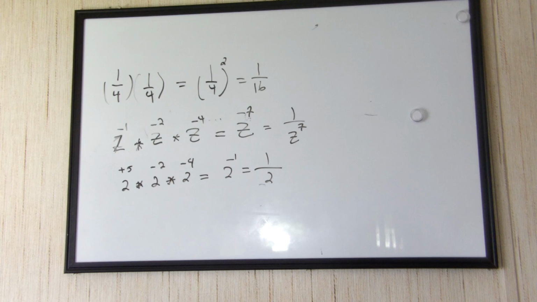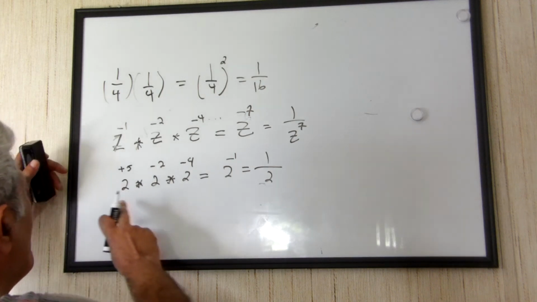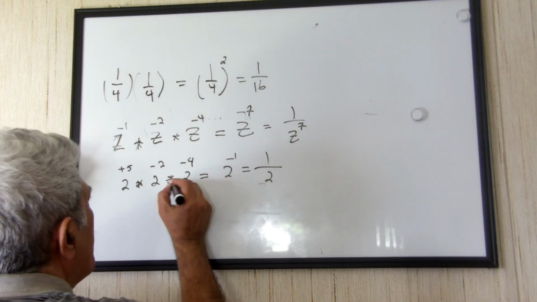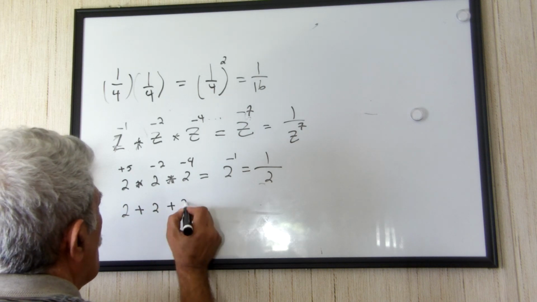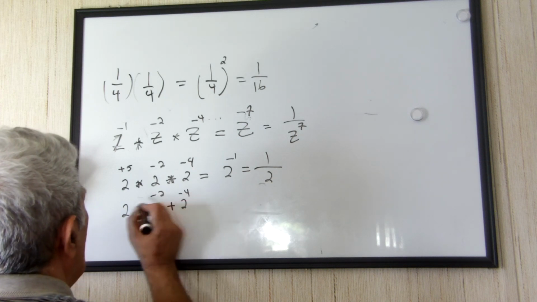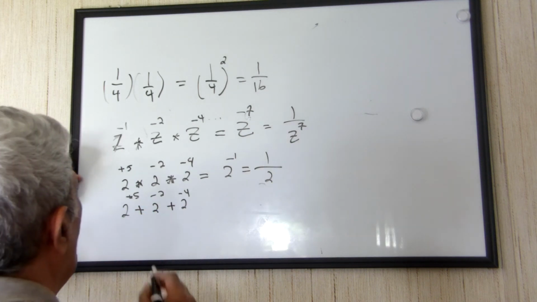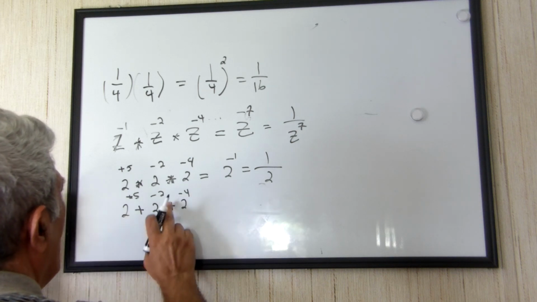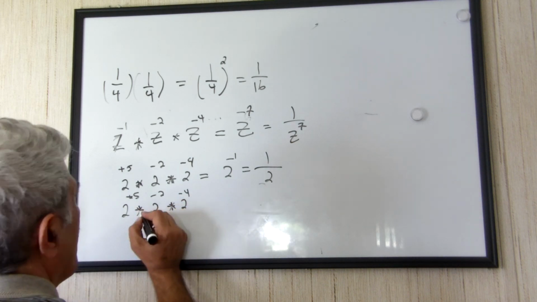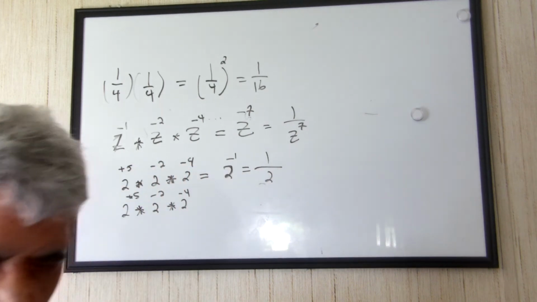When this has to be multiplication. You can't say 2 plus 2 plus 2 to the power of minus 4 minus 2. We cannot write it like this. It has to be multiplication in order to add these exponents together.